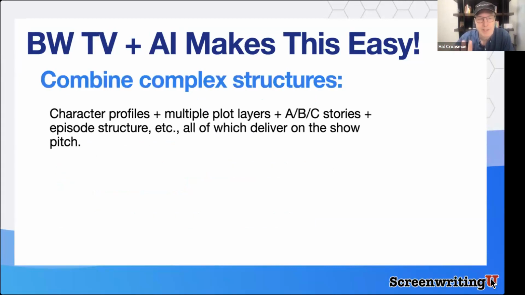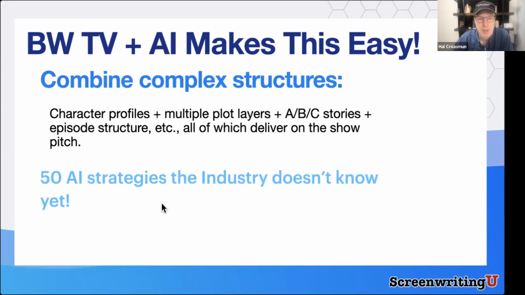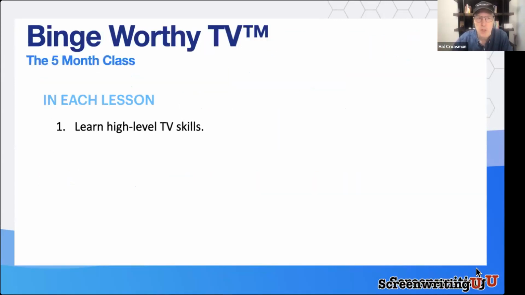So, this is just stuff having to do with this. We basically have 50 AI strategies that the industry doesn't know yet. And that's because we've been creating them since January. And we have tried and tested so many things. Going through our program is going to take you to a whole different level. You're going to learn high-level TV skills.